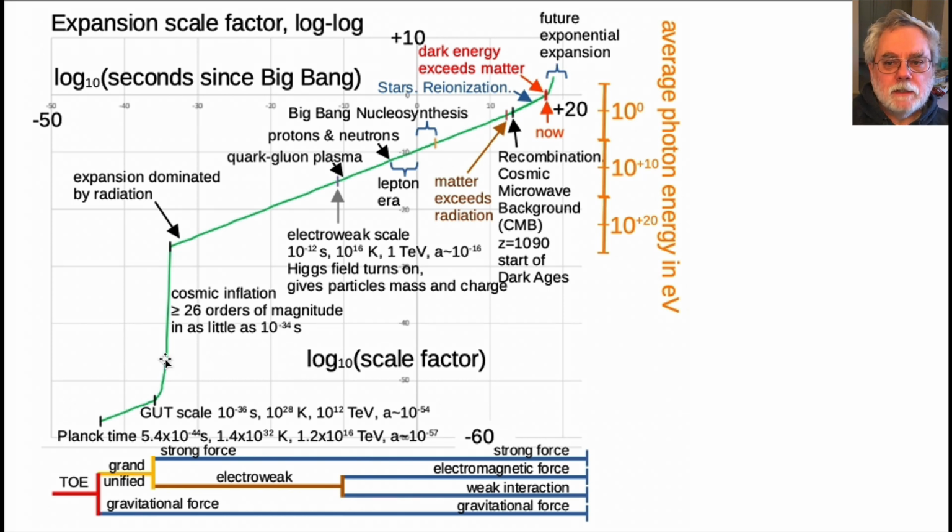During exponential cosmic inflation, energy density fluctuations from the Planck time kept a constant fractional amplitude.